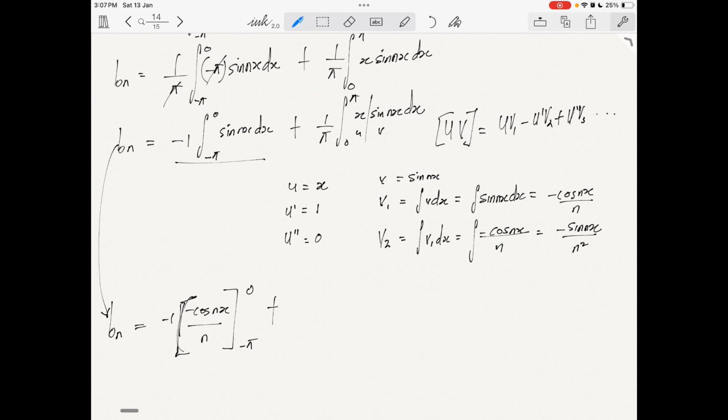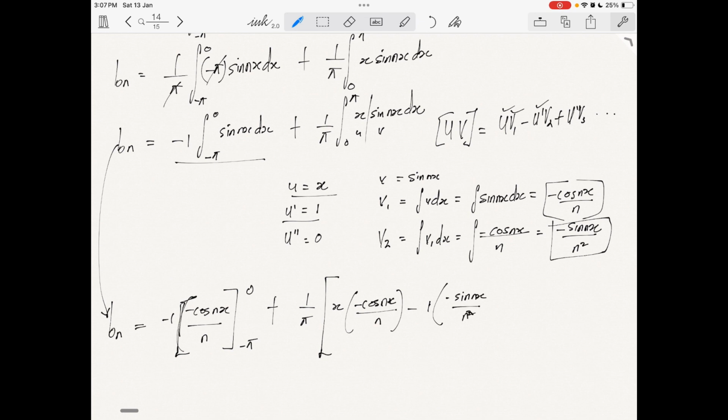Also plus 1 over pi, we start with u is x, v1 is minus cos nx over n, minus u prime, which is 1, and v2, which is minus sine nx over n squared. And the range that we are using, or the limit, is 0 to pi.